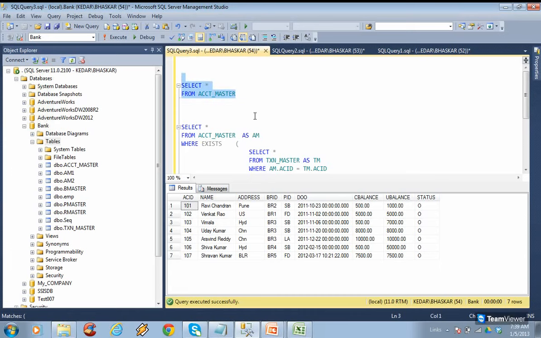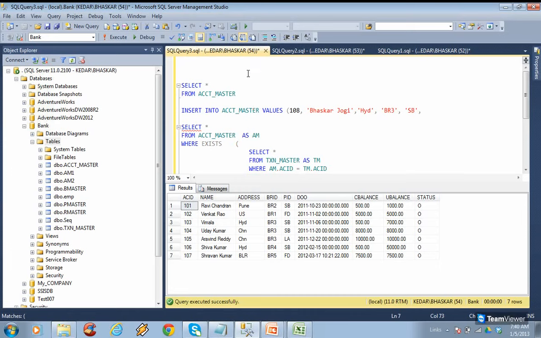Let me insert a new value here. Insert into the table values, I'm inserting a new value: 8, Jogi, address Hyderabad, working for, open account in BR3 for savings bank.